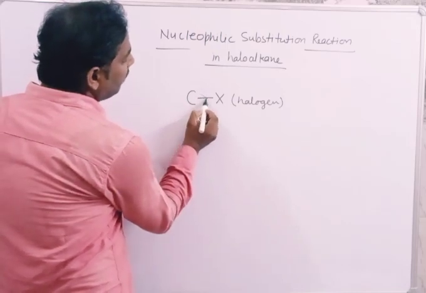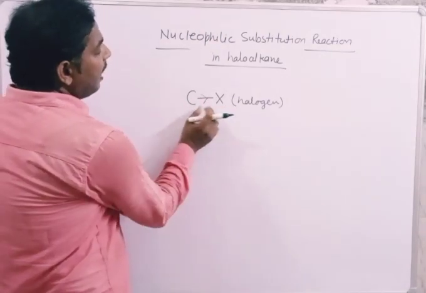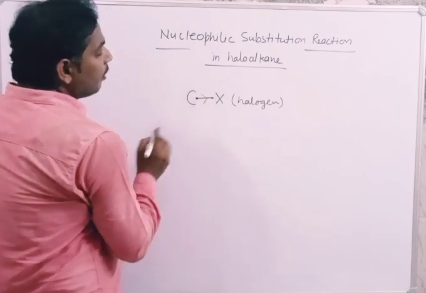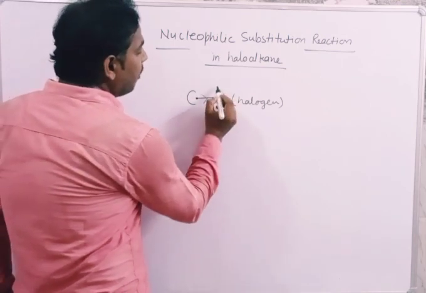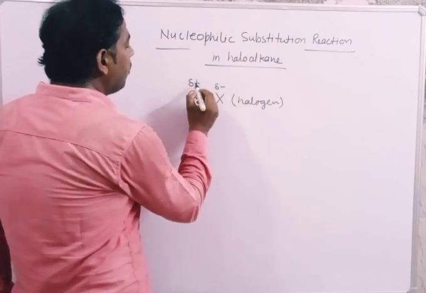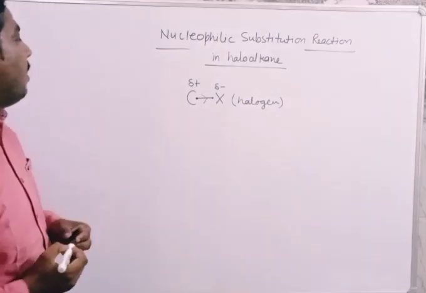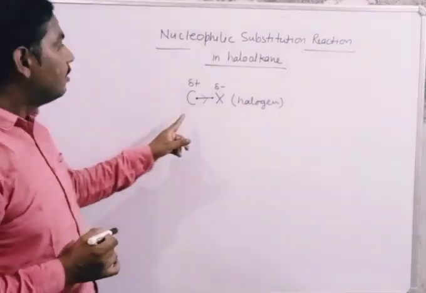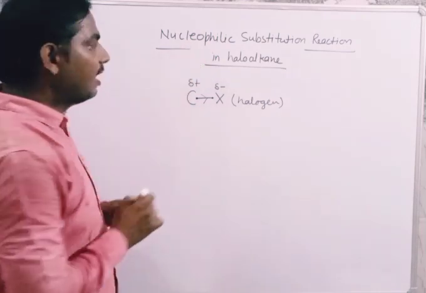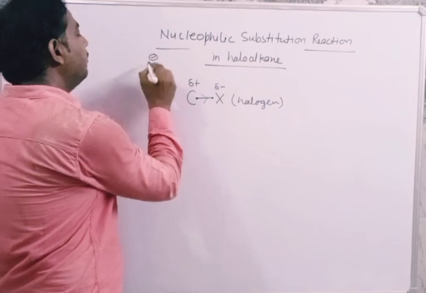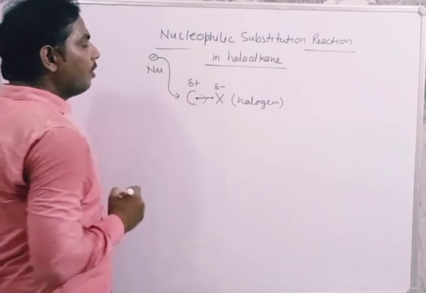Due to this electronegative nature, X attracts the shared pair of electrons toward itself, so it becomes partially negative and carbon becomes partially positive. The partial positive carbon attracts another nucleophile, like Nu, to attack on it.